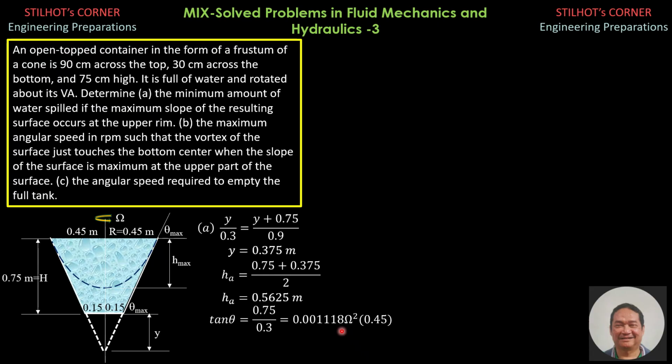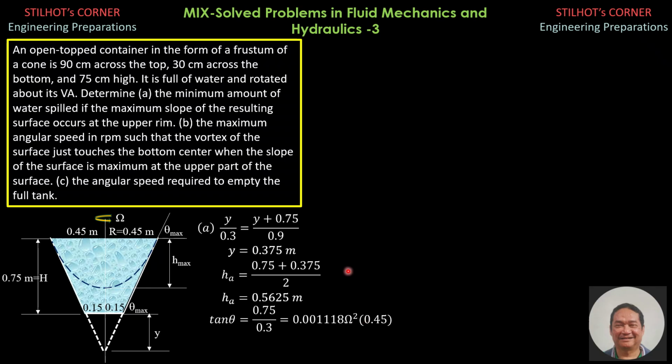This 0.00111, for those who are curious, where does this formula come from? I derived this from the original formula tangent theta equals omega squared r over g.